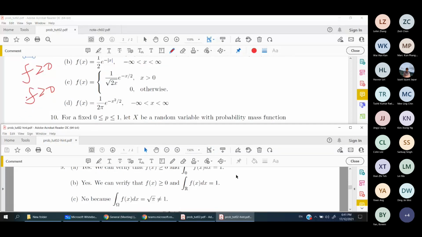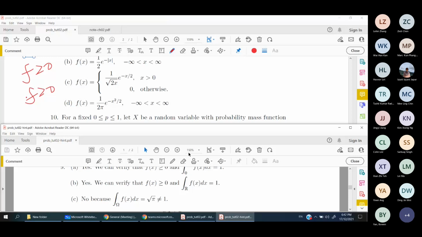And part C, no. You can see that if you integrate this function over R, the value will be square root of pi. Why is this square root of pi? Anyway, let's forget about it first.